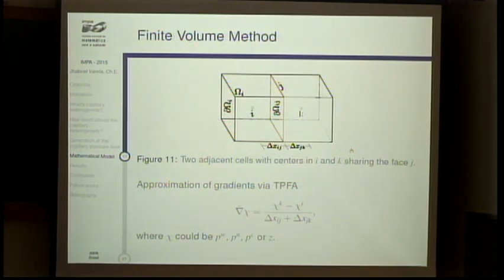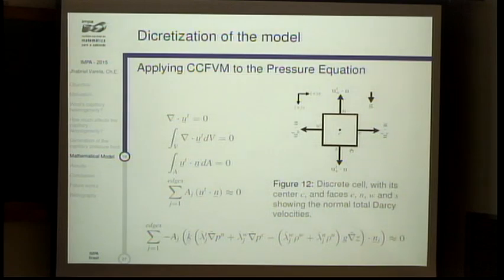We apply a finite volume method in order to discretize, with an approximation of the gradients via TPFA, two-point flux approximation. Well, this is just an example of how to apply the finite volume method. This is basically the pressure equation, the divergence of the total Darcy velocity equal to 0.